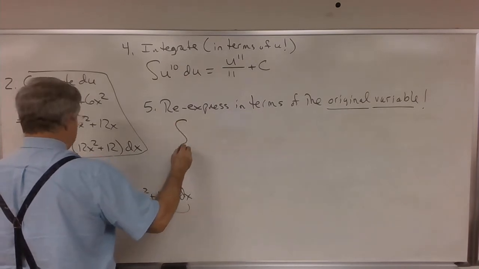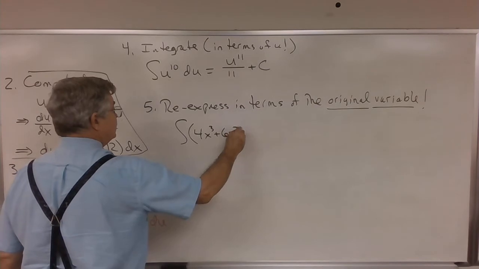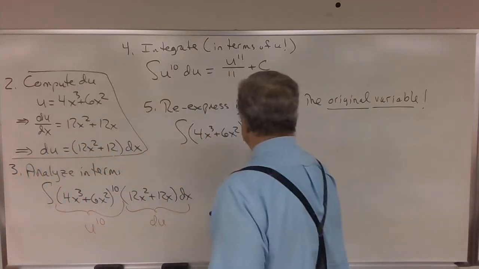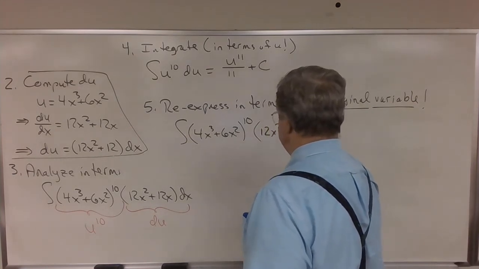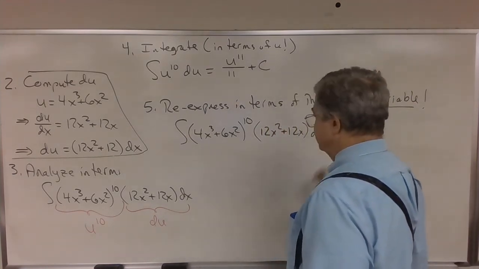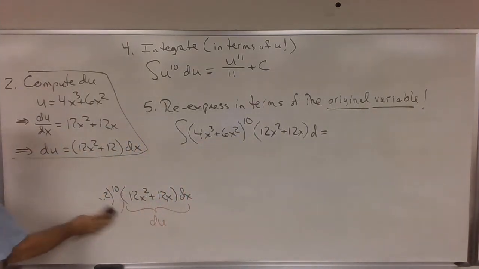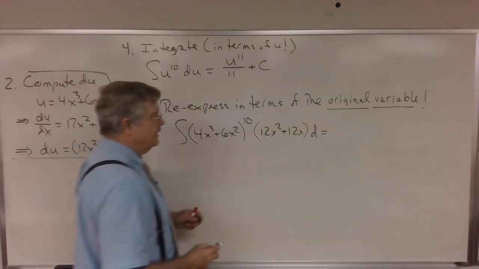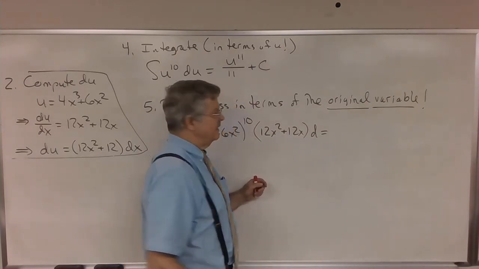So I had the integral of 4x cubed plus 6x squared to the 10th times 12x squared plus 12x dx. I did say dx, didn't I?